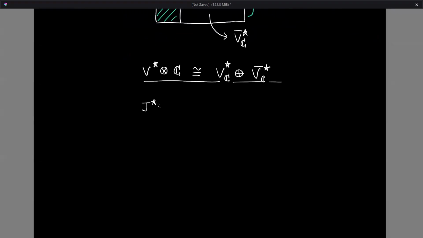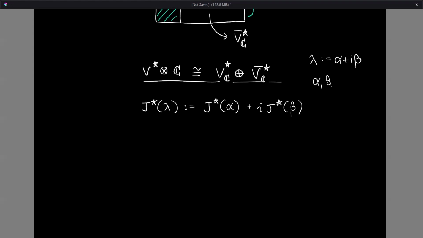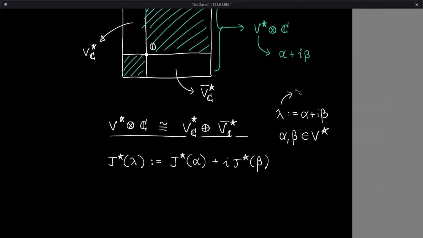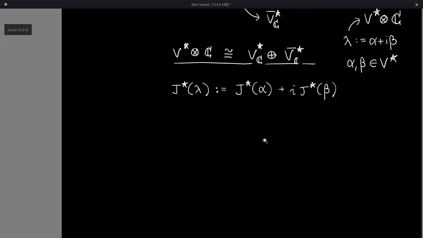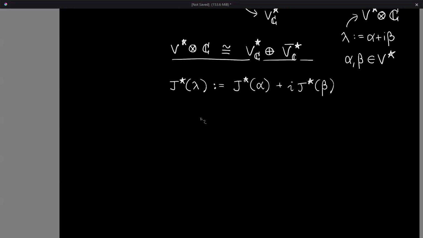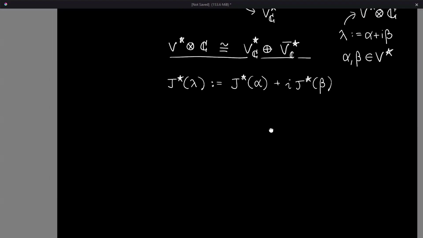J star of lambda is equal to J star of alpha plus I, by definition, J star beta. Remember, lambda is still equal to alpha plus I beta, and alpha and beta are both from V star, and lambda is from V star cross C. So since lambda is an element of VC, oh, right, now we're going to refine this.